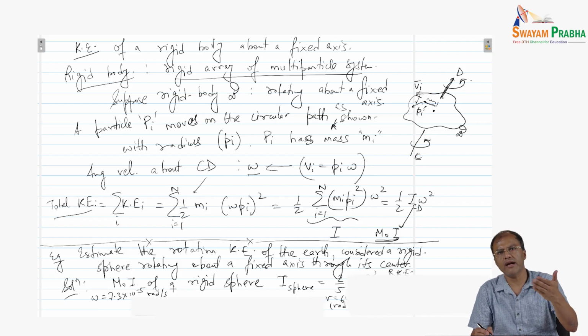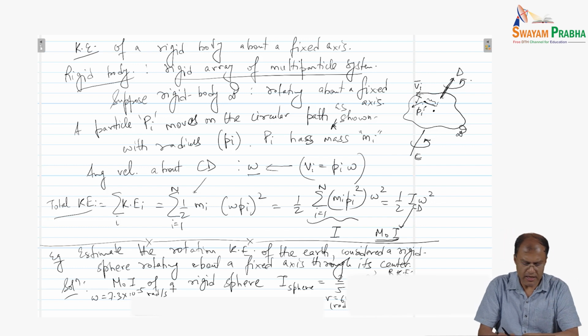These are from standard astronomy data. The mass of the earth, m, is 6 times 10 to the power 24 kg. When we plug in all this information, my rotational kinetic energy comes out to be equal to 2.6 times 10 to the power 29 joule.